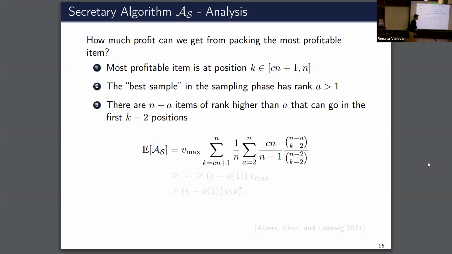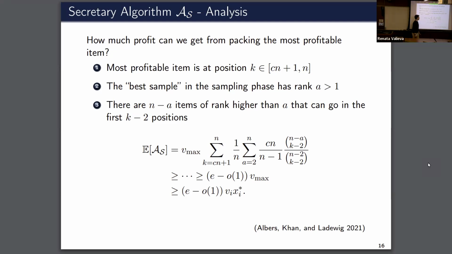I'm omitting the calculation, but you can get a closed formula. This n-2 choose k-2 is independent of a, so you can pull it out. Then the sum can be written nicely enough that some terms cancel, and with this other summation you can show that it's E.